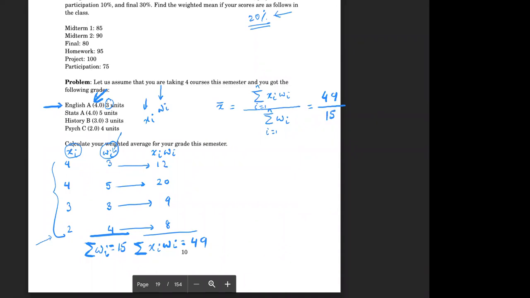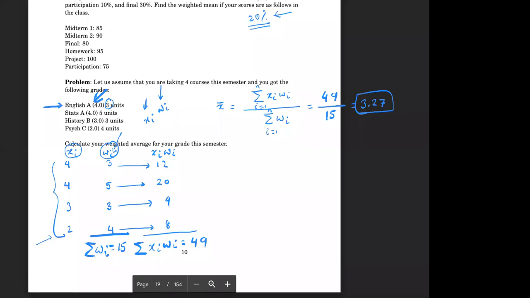So 49 divided by 15 is going to give you 3.266, or 3.267 repeating, so let's make it 3.27, and that should be your GPA for the semester.